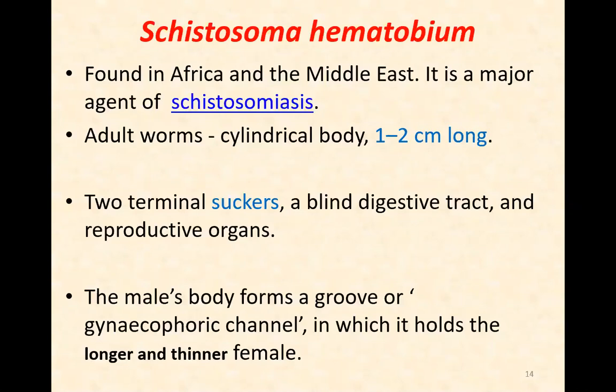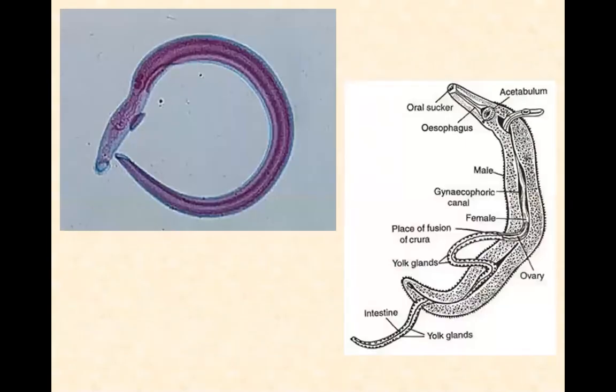By virtue of these suckers, it attaches to surfaces. The male's body forms a groove, or gynecophoric channel, in which it holds the longer and thinner female like this. This is the male one, and the longer, thinner female is placed in the groove formed on the ventral side of the male.